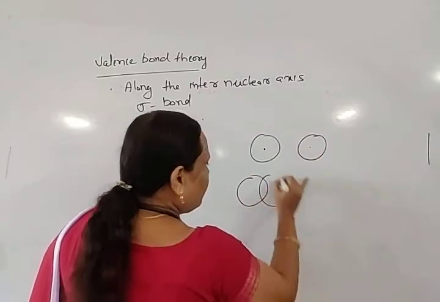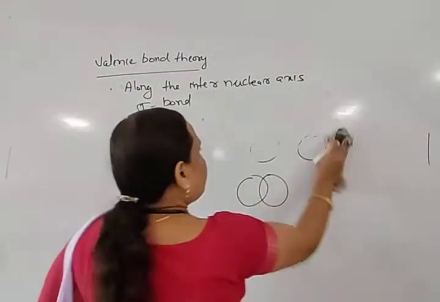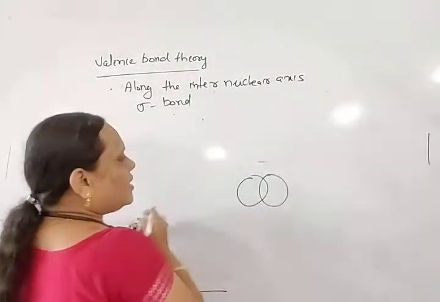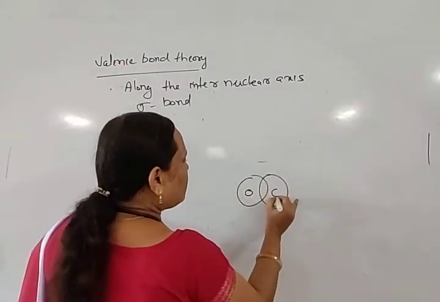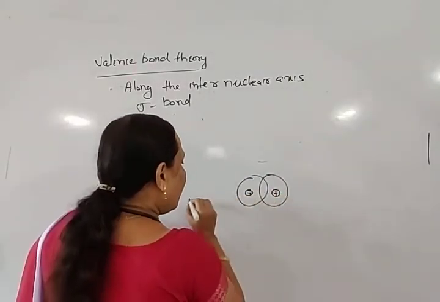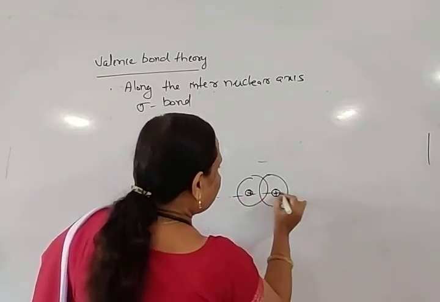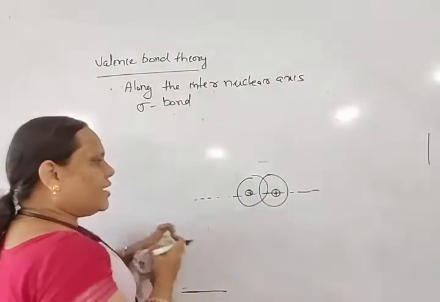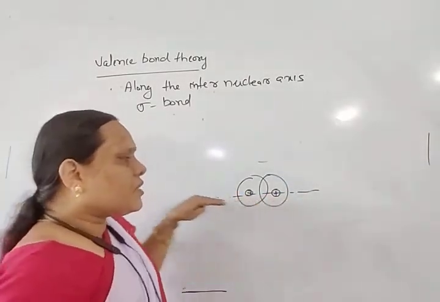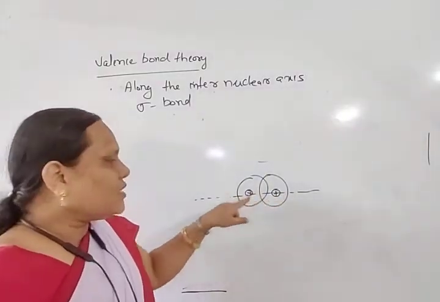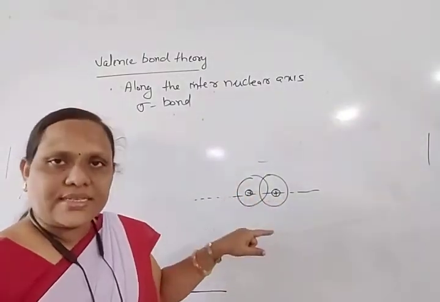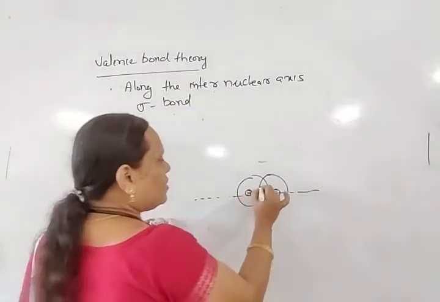Suppose in this way we write the overlapping takes place. The nucleus is also positively charged, and a line is drawn like this which passes through the nuclei of these two atoms. That is known as the internuclear axis.